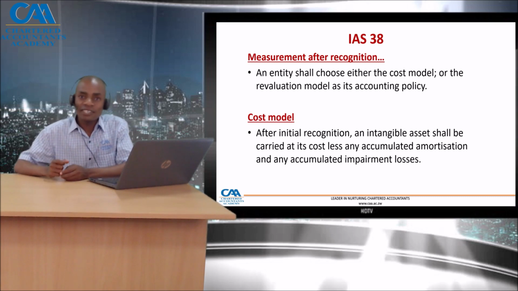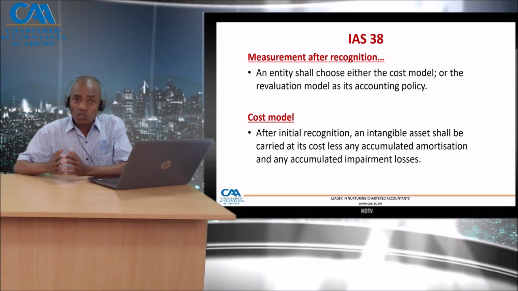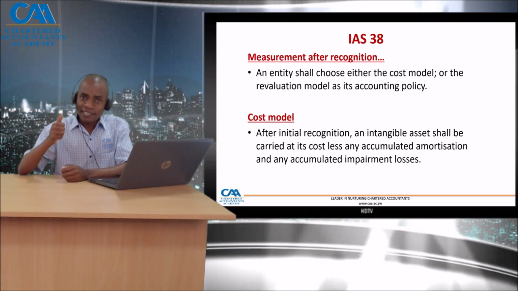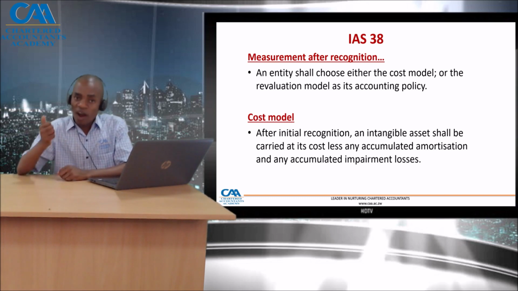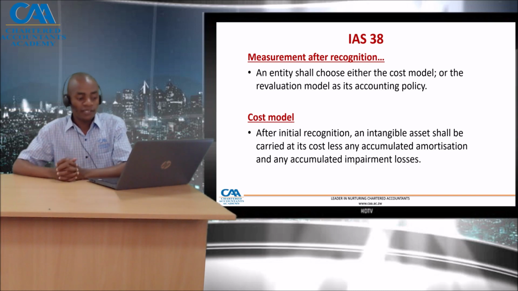There's also integration between various standards. Like in this case, we are in IAS 38, but it is also integrated with International Accounting Standard number 36, the one which talks of impairment. So the entity is required to test the intangible assets for impairment, as well as amortizing them.